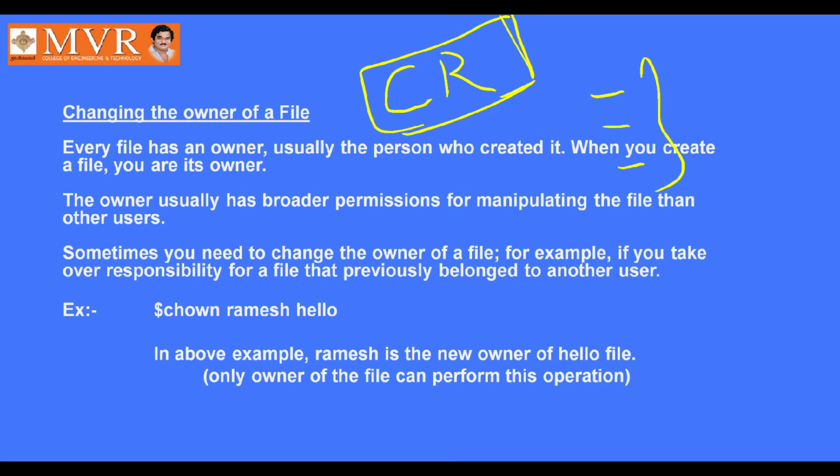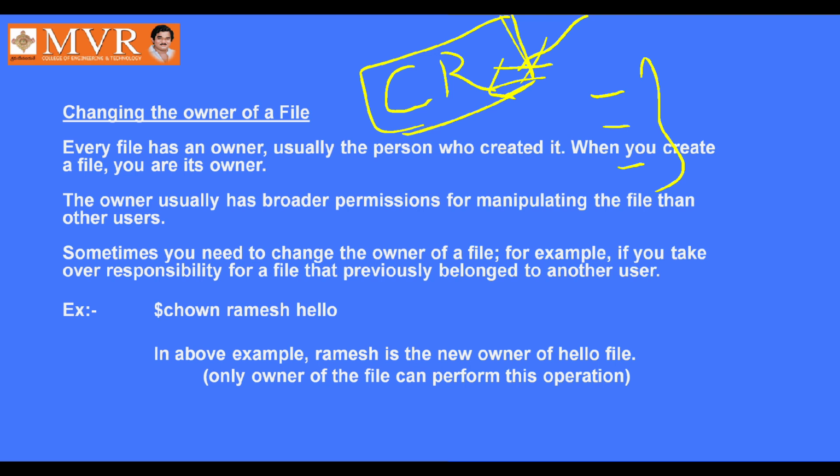After some time, say the HOD changes the CR in your class. He is not satisfied with the current CR, so he assigns the same job to another person. These three files are still with the ex-CR, so we need to change the ownership of those files. How do we change the ownership of a file?